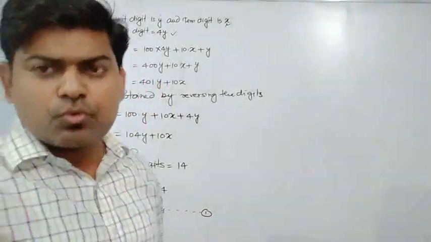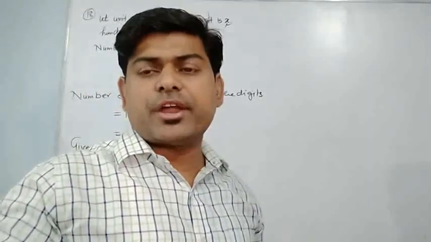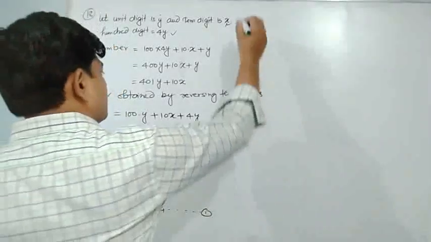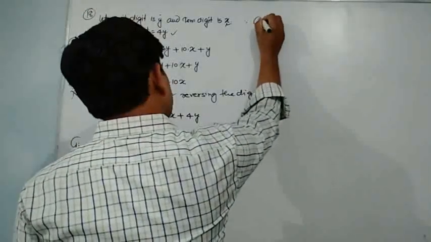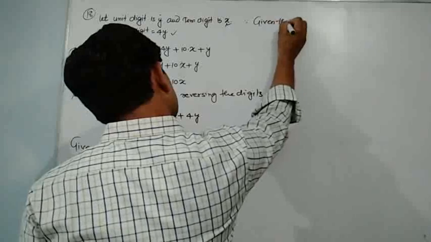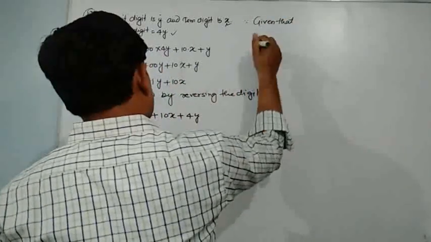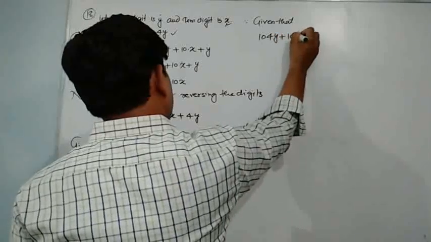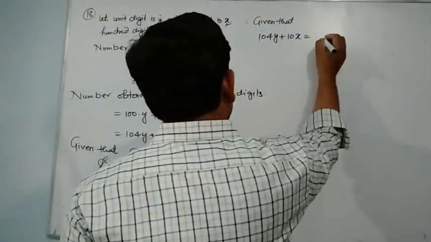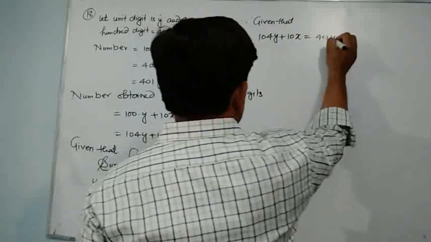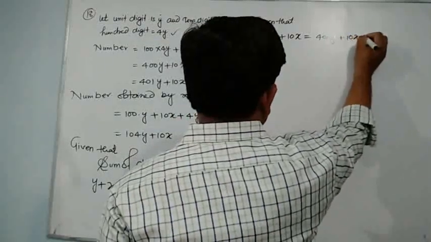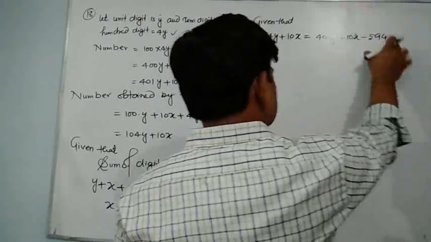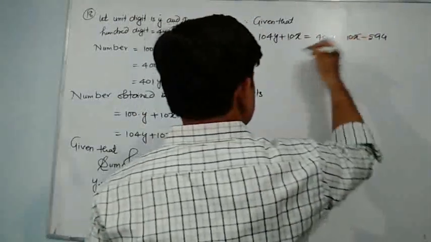It means the new one is 594 less than the original one. Since it's given that the new number 104y plus 10x is equal to 401y plus 10x minus 594. Now 10x can be eliminated.